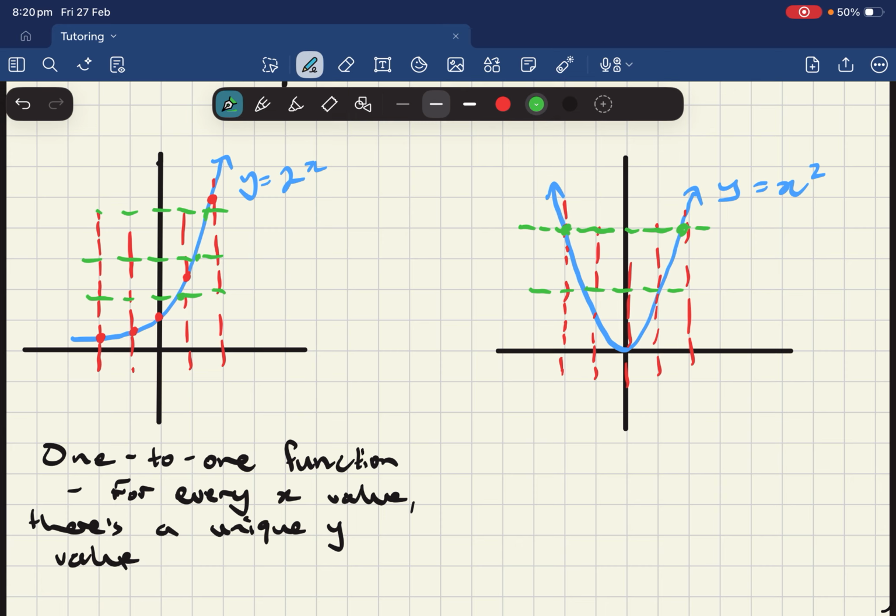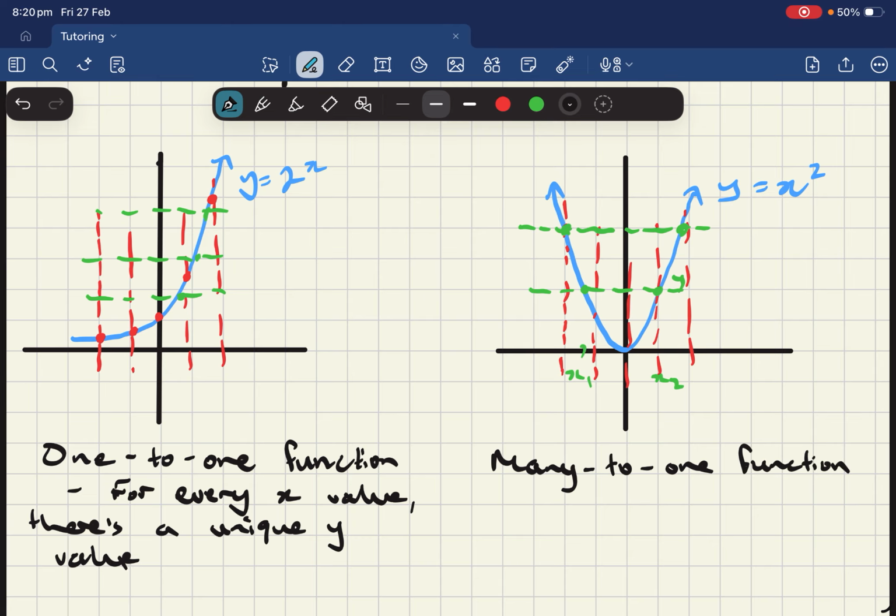Do you see that? Multiple x values. So multiple x values, let's call this x1 and x2, produce the exact same y value up here. So we need to put this in a different category. This thing is called a many-to-one function.